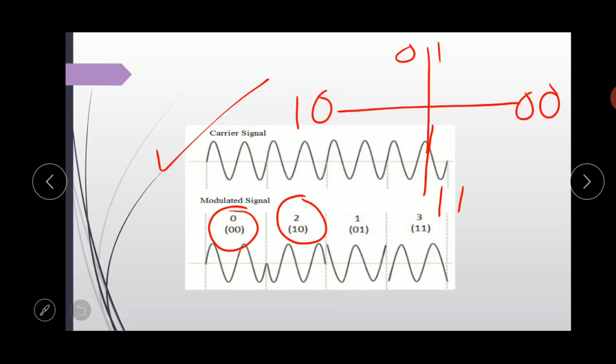Then when 01 is given, the waveform starts from this point. When 11 is given, from this point the waveform will start. So as per the input combination given, the phase shift occurs accordingly.